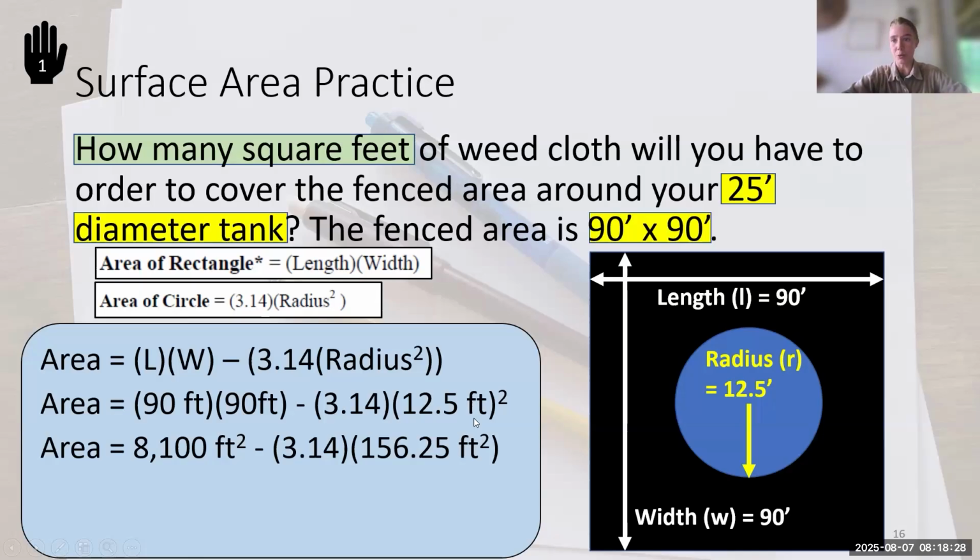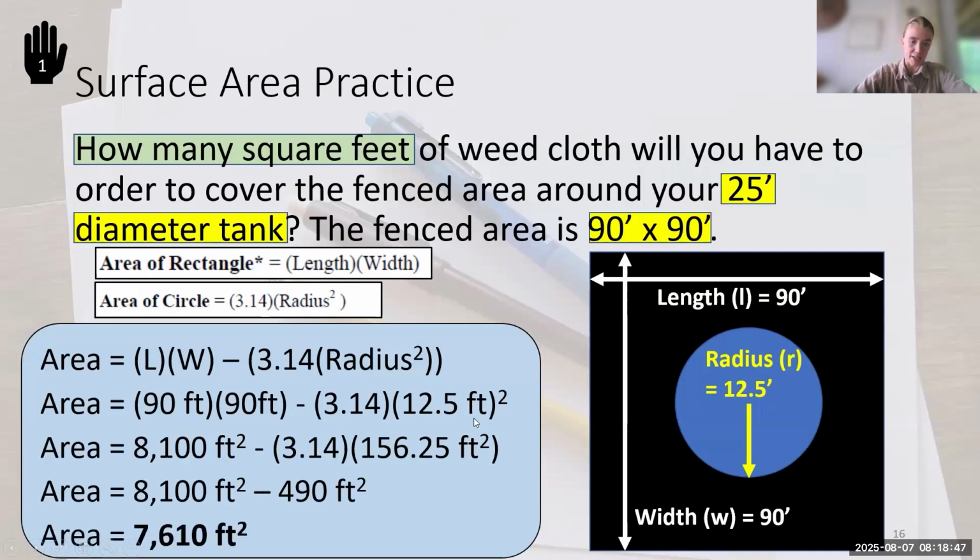Because those are each individual feet and they're multiplying together, that's going to give us feet squared. So now all we have to do is multiply that 3.14 times 156.25. And that finally gives us 8,100 feet squared minus 490 feet squared. And that's a grand total of 7,610 feet squared.